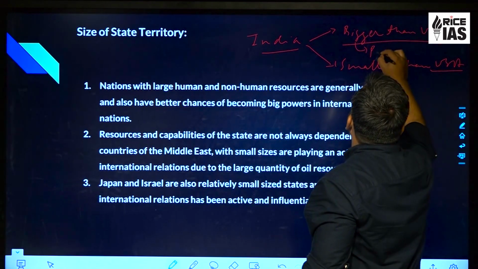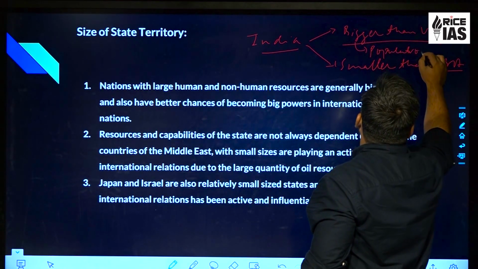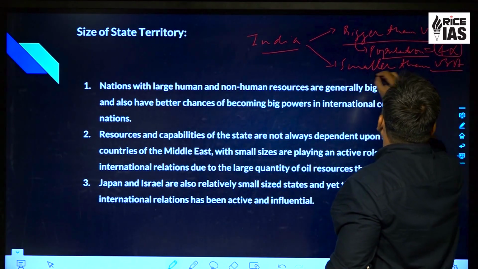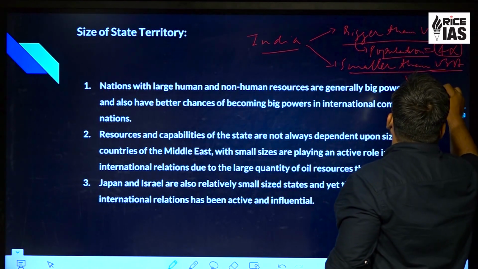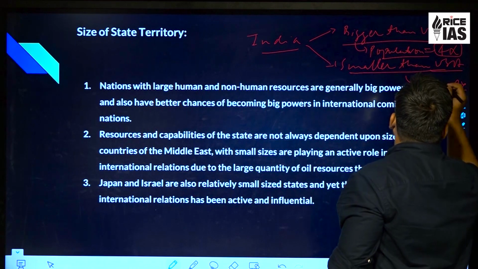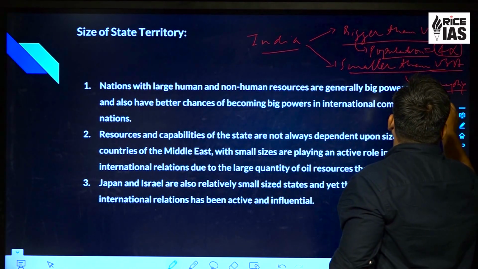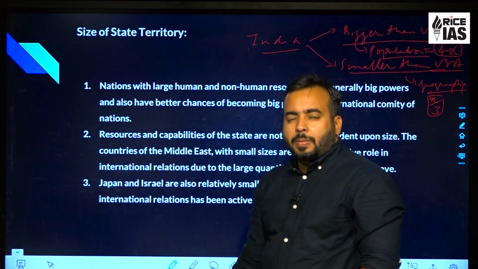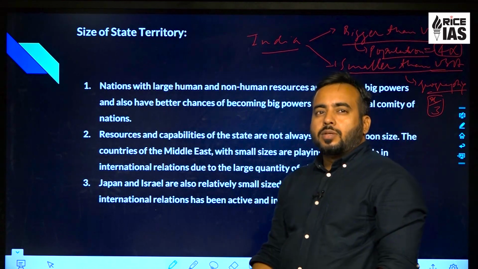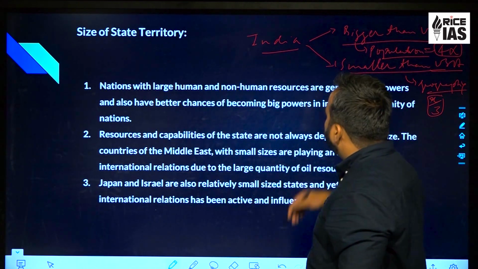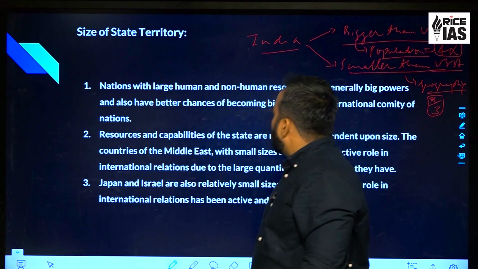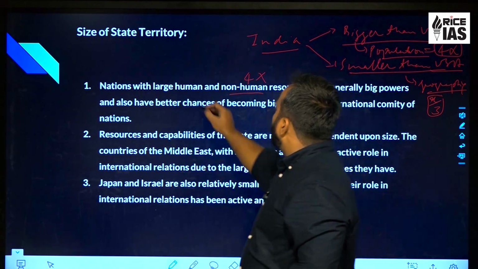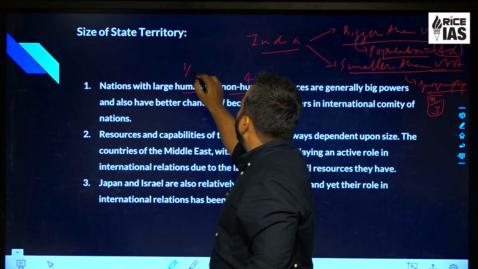Bigger in terms of population, more than 4 times the size, but smaller in geography. India is 1/3 the size of USA, but 4 times when it comes to the population. So in terms of human resources, of course, India is 4x, and in terms of geography, India is 1/3.